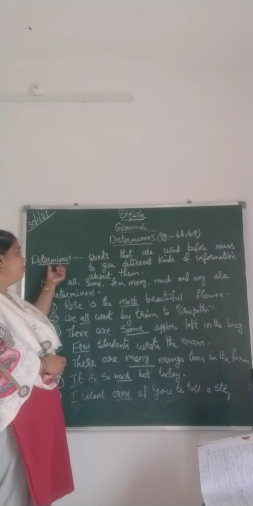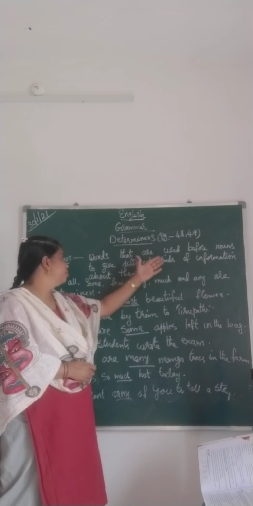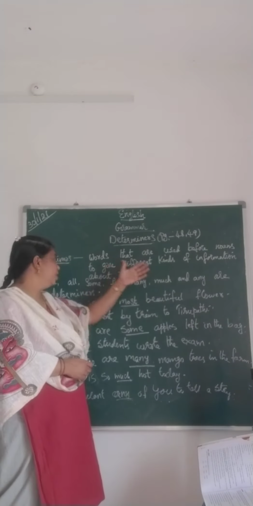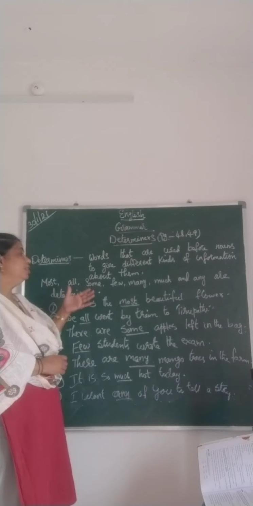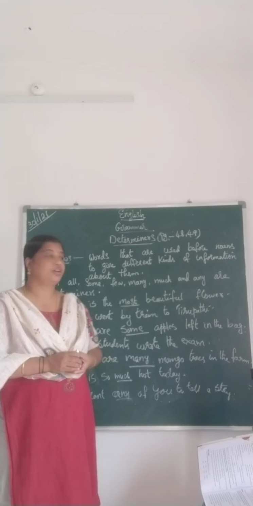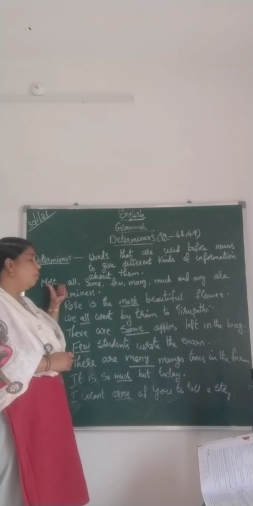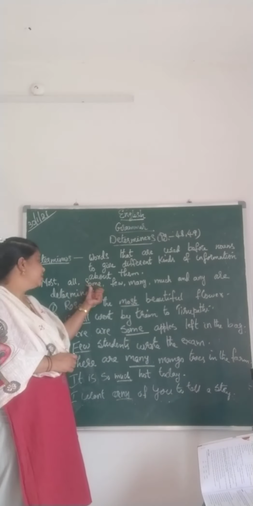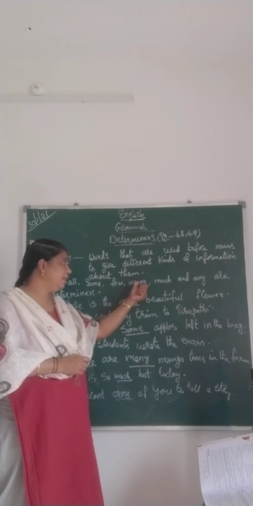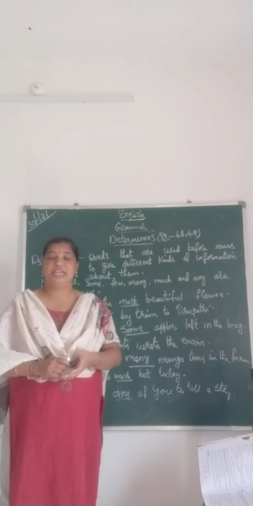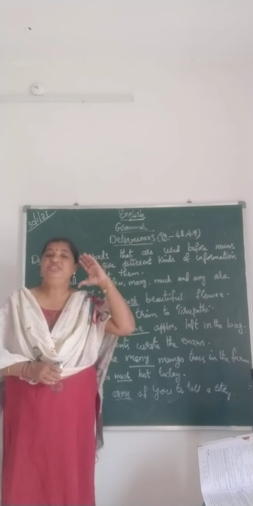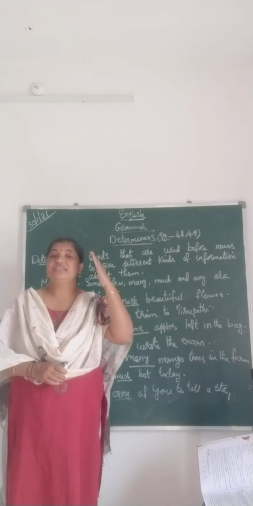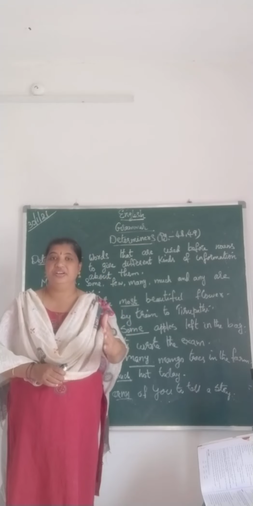Okay, so let us see. Determiners are the words that are used before nouns to give different kinds of information about them. So there are a few determiners which we generally come across. Those are most, all, some, few, many, much and any. So if you come across these words, you need to understand that these are the determiners.